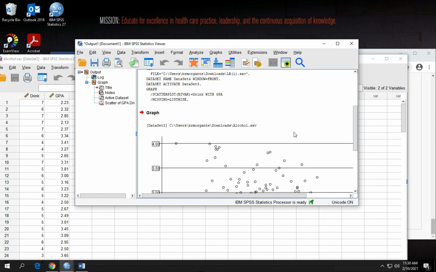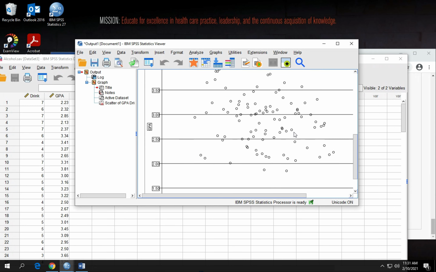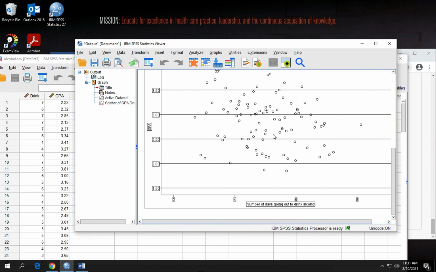And this will be our scatter plot. You can see there's really not that much of a trend here. You can see it's somewhat going downwards.